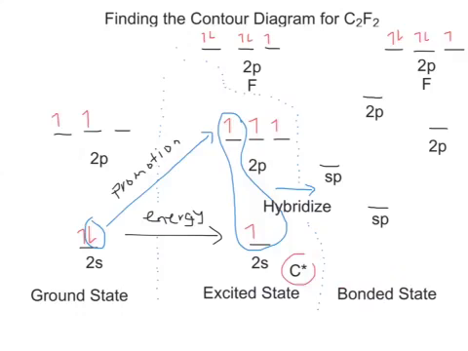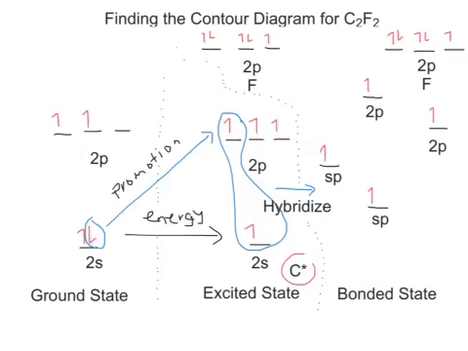Now let us remember that we have two central carbon atoms, so we need to have two SPs and two p orbitals. Now we can go ahead and fill out the orbitals for one of the SPs and the other one too, doing the same with two p orbitals.